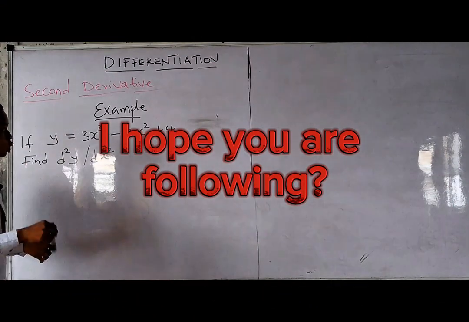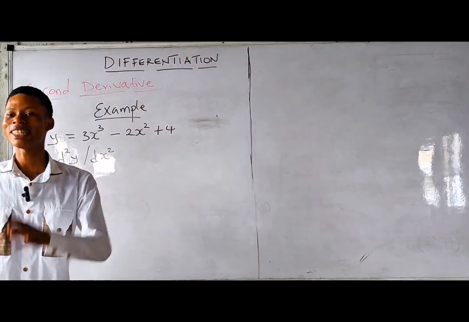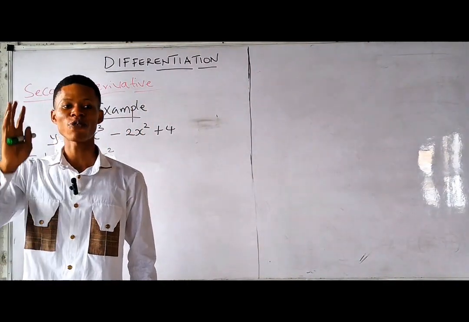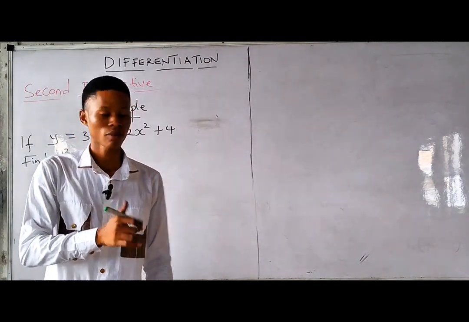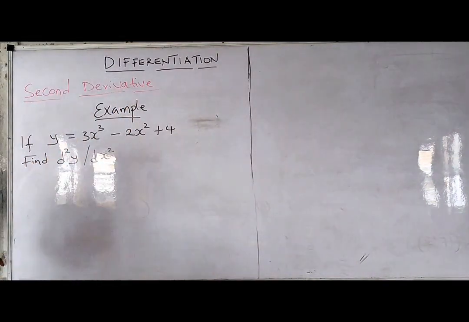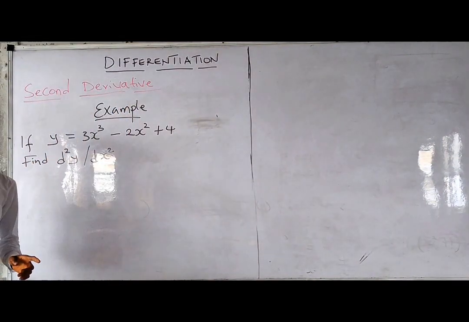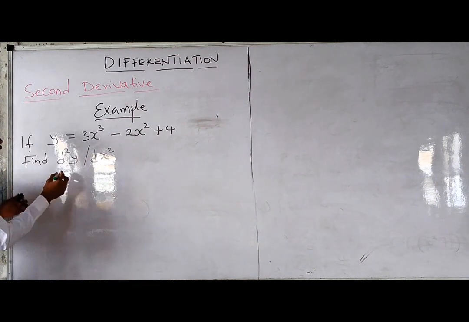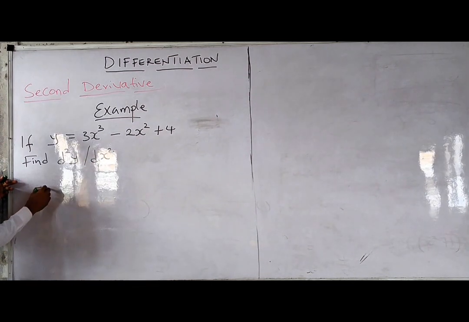Okay, so let's solve this together. If you are asked to find the second derivative, it means differentiate 2 times. Like in this question, they did not say differentiate 2 times or find the second derivative. The second derivative is represented by d squared y all over dx squared.